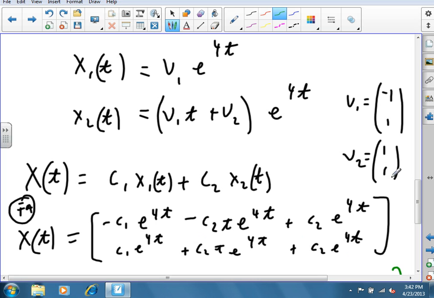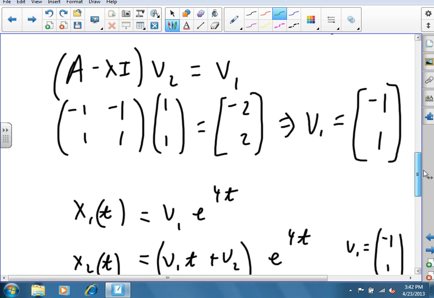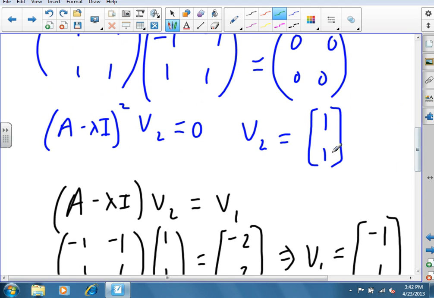That means I have to have a 0 here. How can I have a 0 there? Well, I could have a 0 there because I could have picked it with a 0 there. And if I picked it with a 0 there, I would still have the same guy here, right?